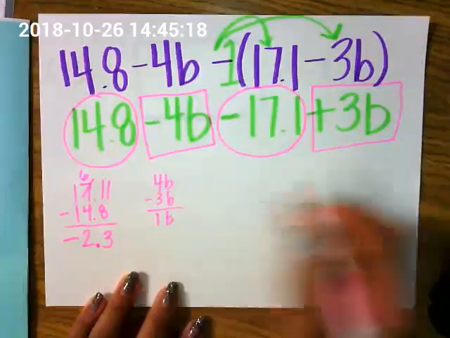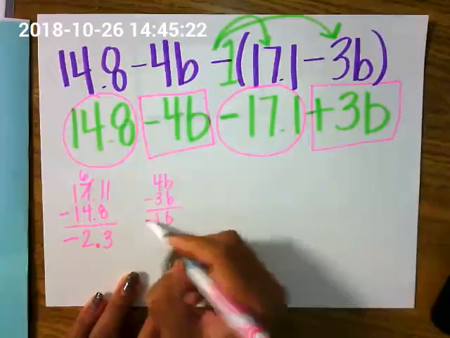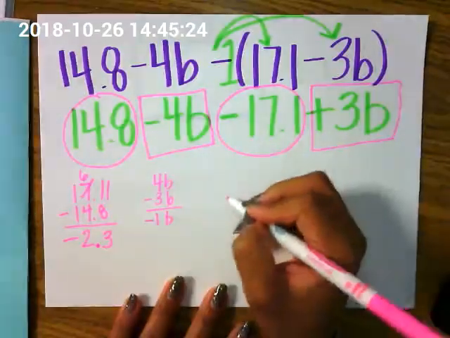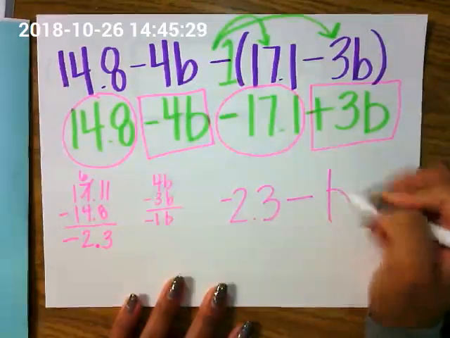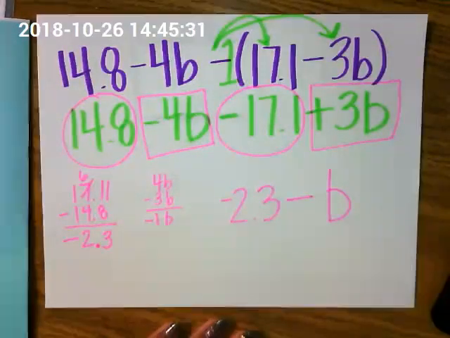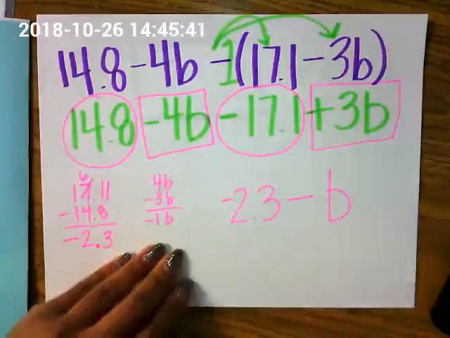It's going to be negative because the 4 is larger. So we can rewrite this as -2.3 minus b, or minus 1b, depending on what you're more comfortable with. You don't really need the 1 there, because it's still going to be 1b with or without the 1.